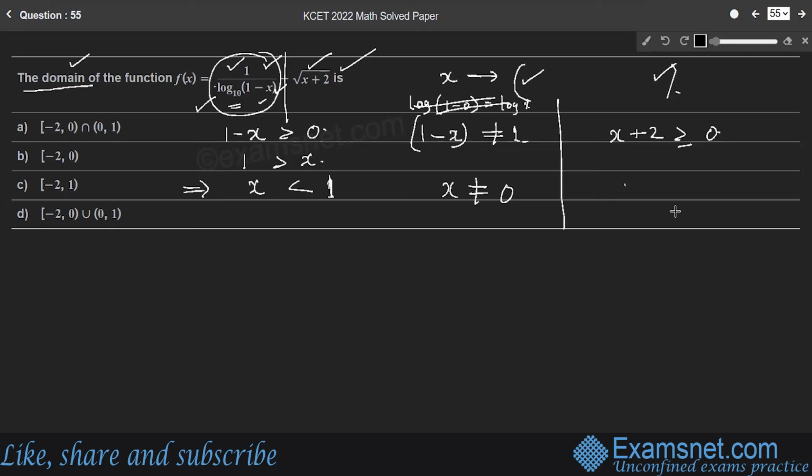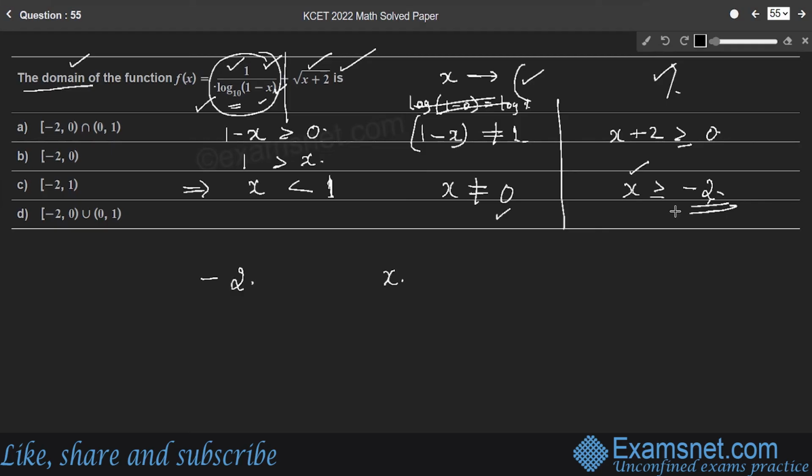That means x is greater than or equal to minus 2. The possible values of x can be within the range greater than or equal to minus 2. The lowest value is minus 2.